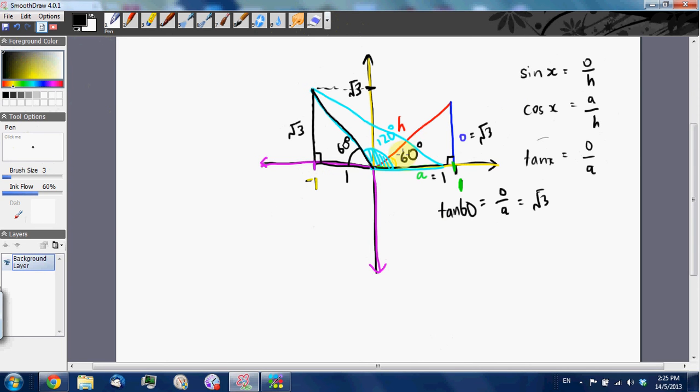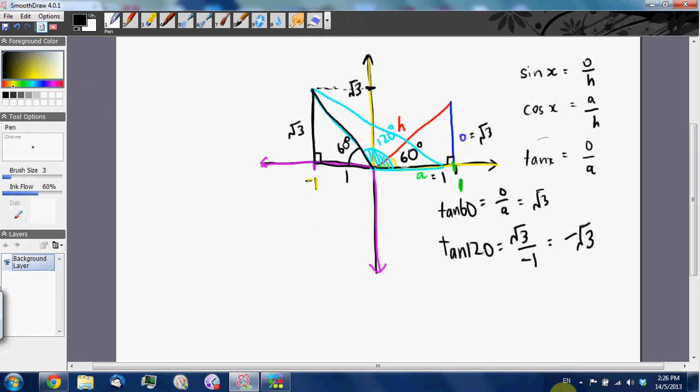Similarly, tangent 120 equals, since the opposite in this case is root 3 and the adjacent is negative 1, we divide by negative 1 to get negative root 3.